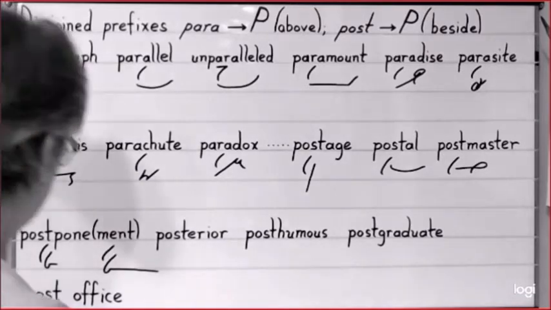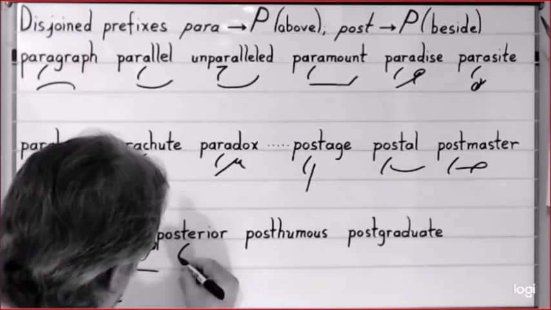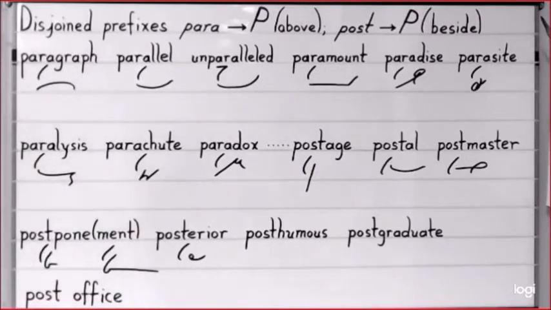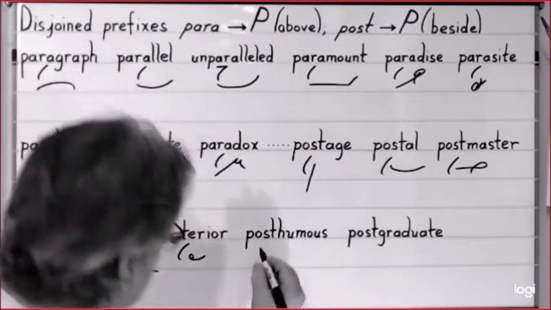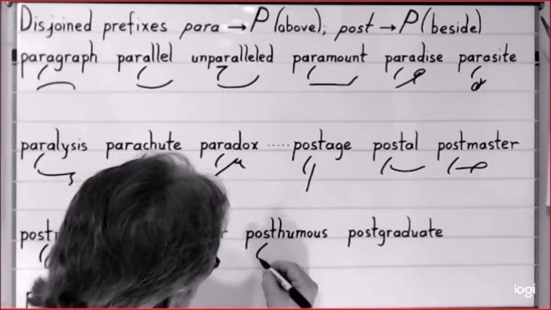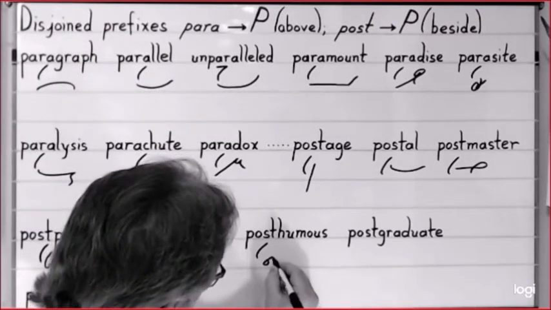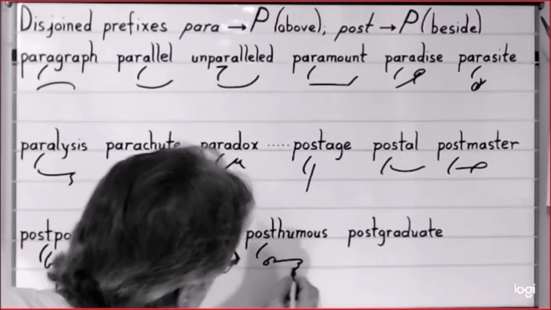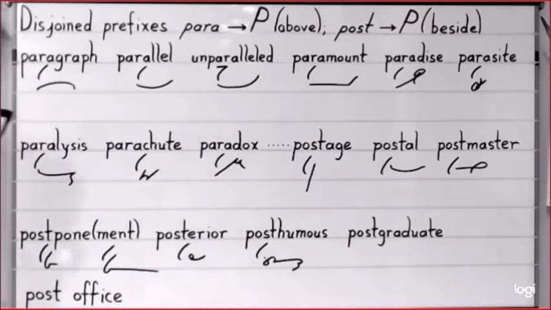For posterior, it is a P, and then an E, and an R. For posthumous, it is a P, then an E, U, M, U, S, and of course an H right there.